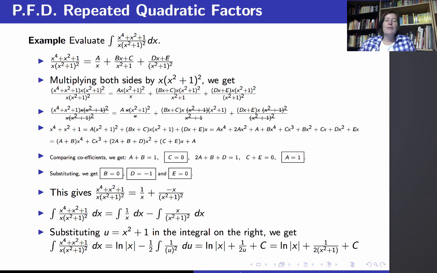And if we make the substitution u equals x squared plus 1 for the integral of minus x over x squared plus 1 squared, we get the integral of minus 1/2 over u squared, and this turns out to be 1 over 2u. So our final answer, the integral of our proper rational function, is the natural log of the absolute value of x plus 1 over 2 times x squared plus 1 plus a constant.